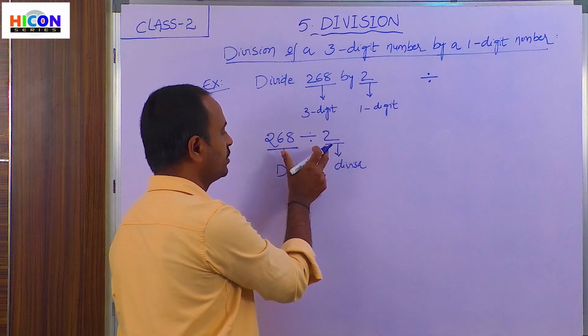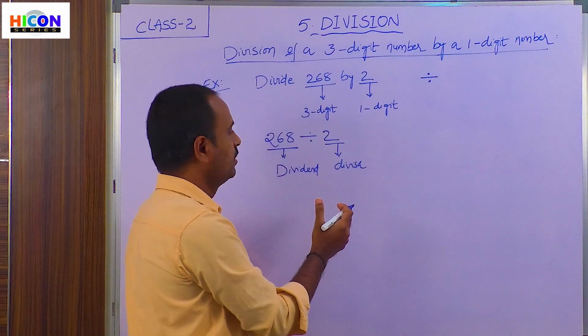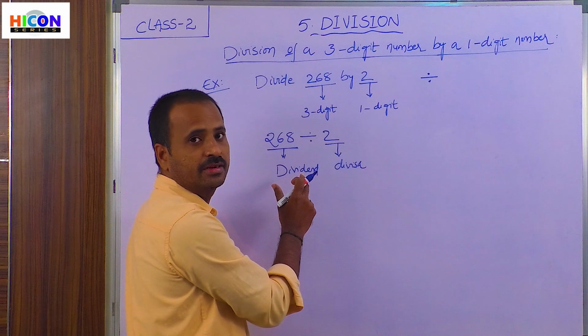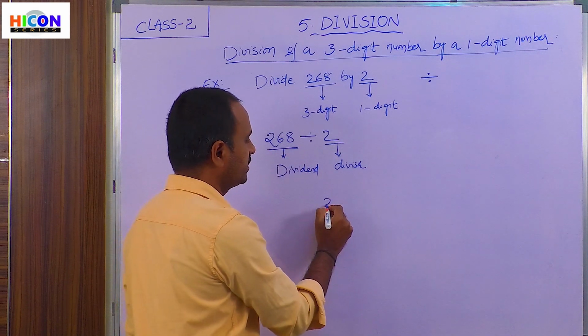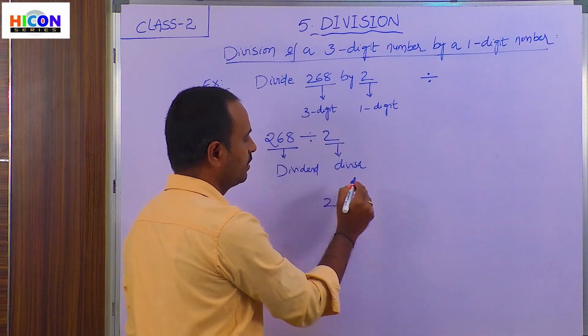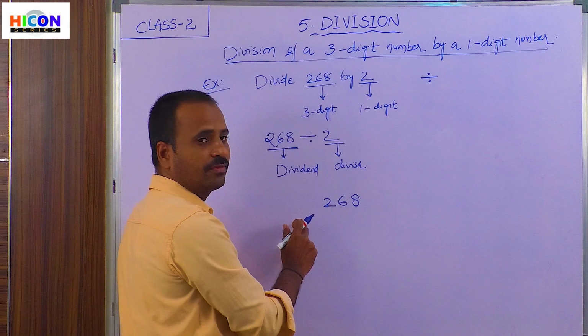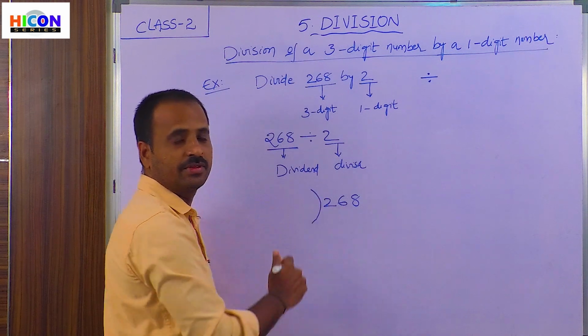Now arrange these two numbers in the division method. First write the dividend in the middle. What is the dividend here? 268 is the dividend. So write 268 in the middle and put a bracket at the left side of the dividend.